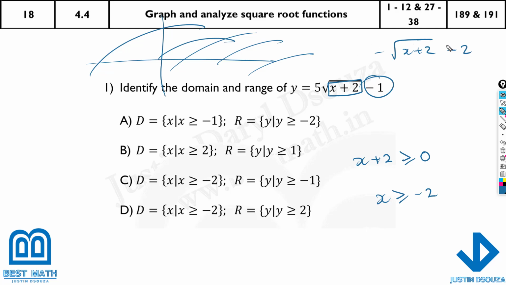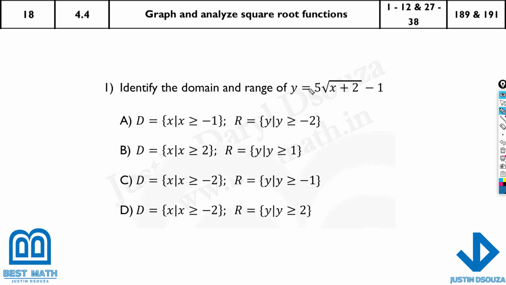Here, this is to do with the range. Only if this is plus, the square root function goes up. If it is minus here, the square root function goes down. Doesn't matter which number you have, 7, 10, that number doesn't matter at all. That will just do with stretching or compression. So it is very important to understand the sign, plus or minus.